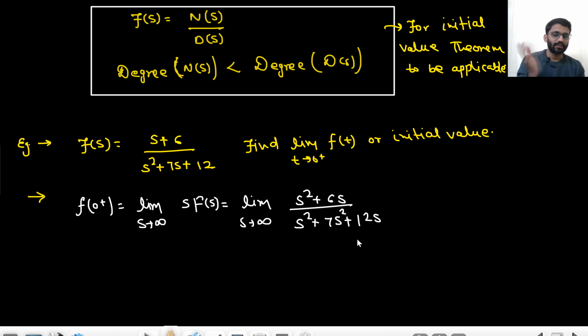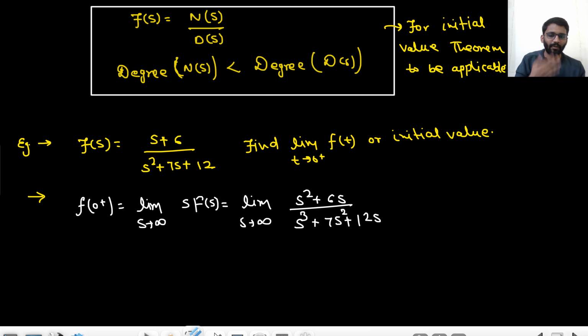You can take s square as common, or think that s is tending to infinity, so s square will be very large, so the numerator can be replaced with s square only. The denominator is s cube plus 7s square plus 12s, and s cube will be very large, so it is replaced with s cube. Finally you get 1 upon s, and if you put s equals infinity, it will be 0.